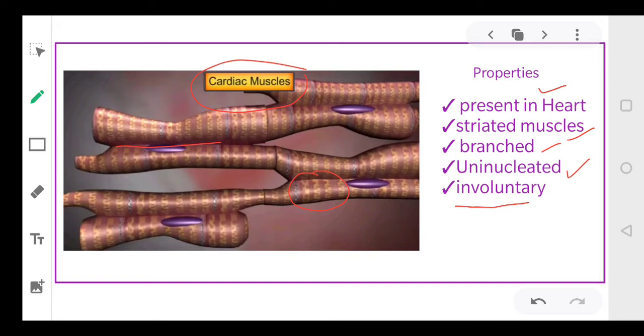So cardiac muscles are only present in your heart. Dear students, so we have three types of muscles: the striated muscles, which are also called voluntary muscles; the second is your smooth muscles, which are also called unstriated muscles or the visceral muscles; then third is your cardiac muscles, which are only present in your heart, and these are the only muscles which never stop working.